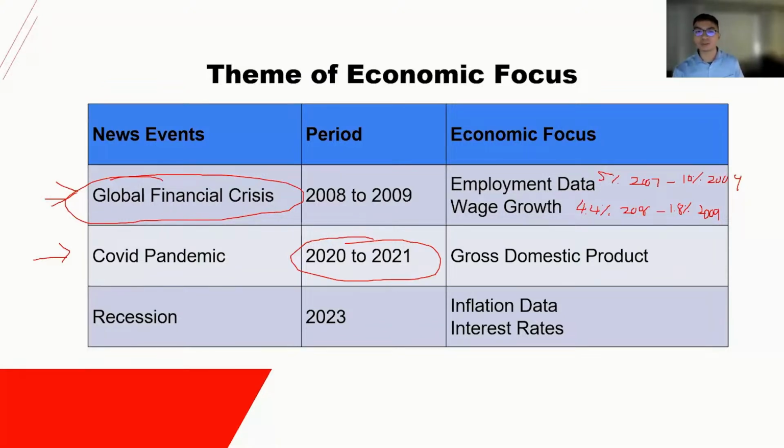The pandemic led to a massive decline in economic activity as many businesses were forced to close or operate at reduced capacity due to lockdowns and restrictions. The International Monetary Fund, the IMF, estimated that the global economy contracted by 3.3% in 2020, the most significant downturn since the Great Depression.